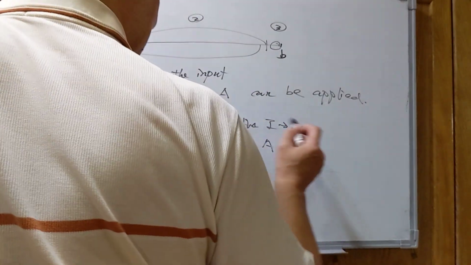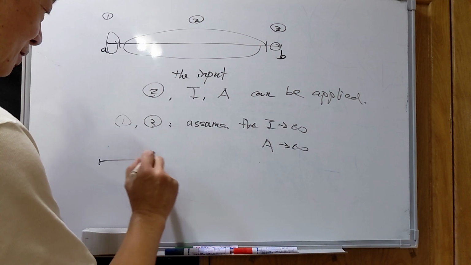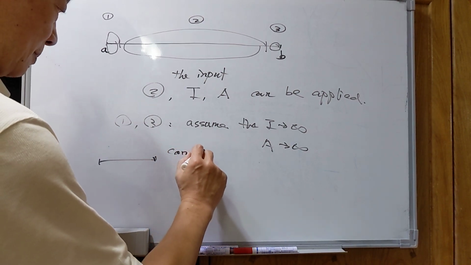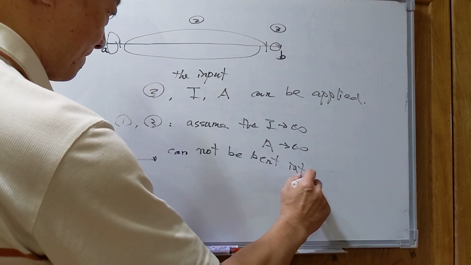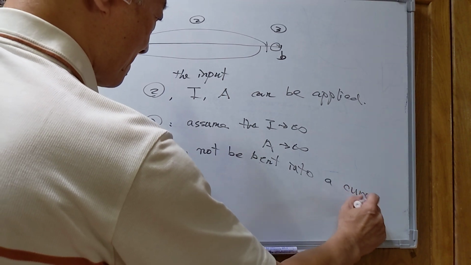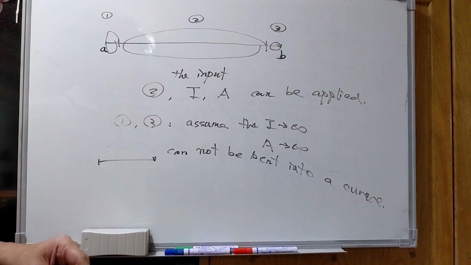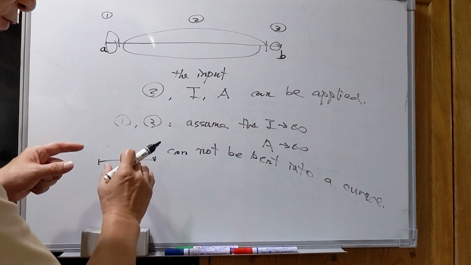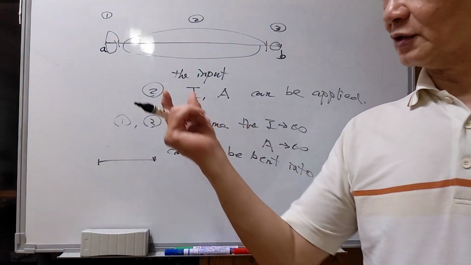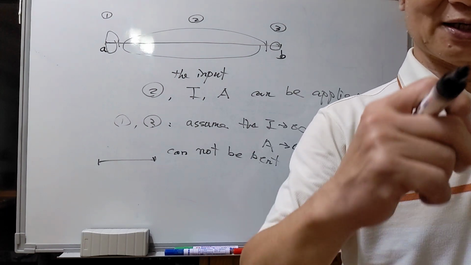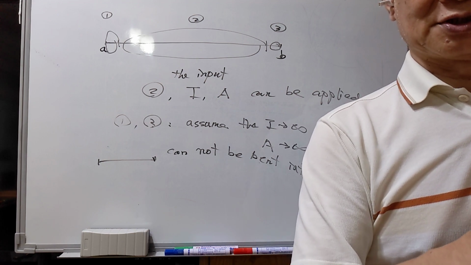If we assume the I is infinity, it means the part of the element cannot be bent. If the I is close to infinity, it means for this part of the center line, it cannot be bent since the moment of inertia is so large.